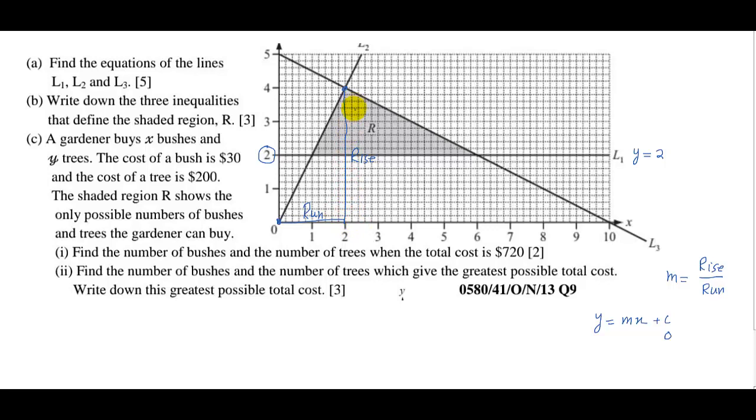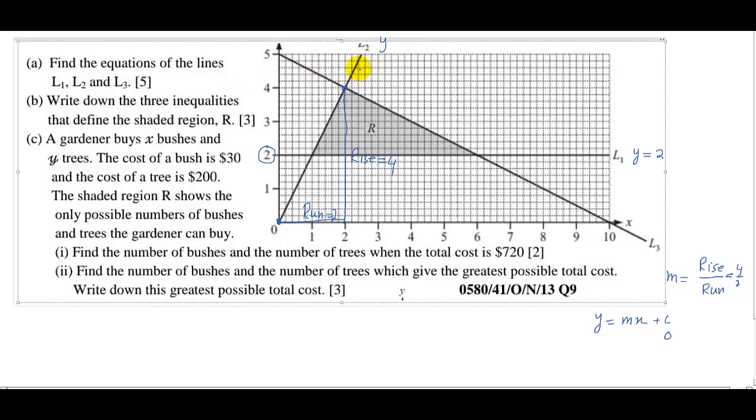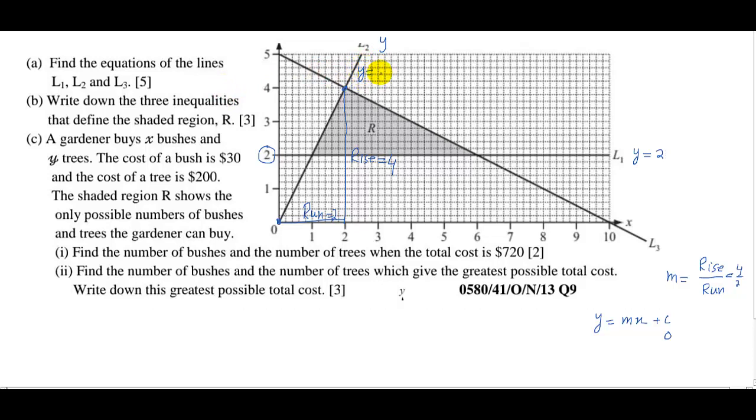Rise is 4 and the run is 2. Therefore, the gradient is rise over run, which is 4 over 2, and 4 over 2 is 2. So the equation of this line is y = mx + c. Therefore its equation is y = 2x, with m equal to 2 and c equal to 0.